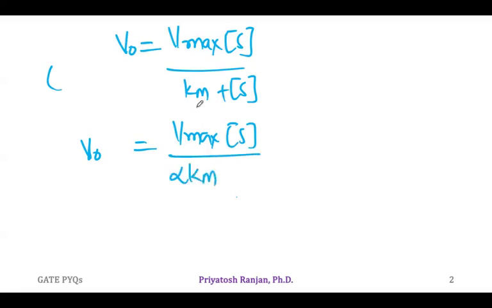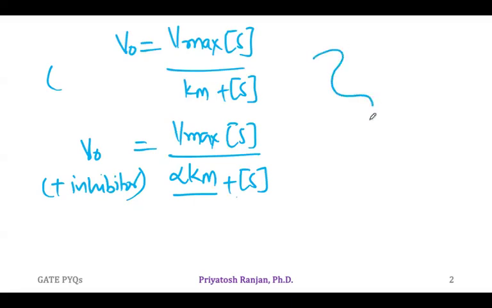In the presence of the inhibitor, both the substrate as well as the inhibitor compete for the enzyme's active site, and that results in the decrease in the affinity between the enzyme and substrate.